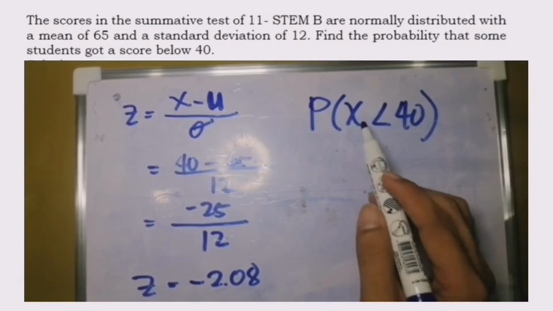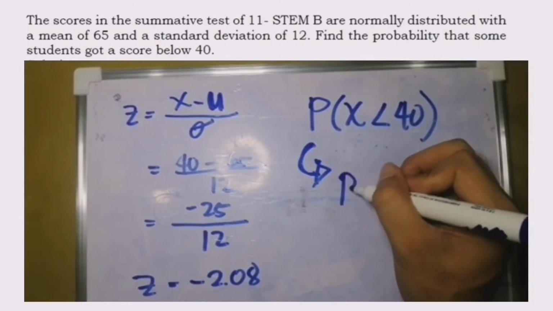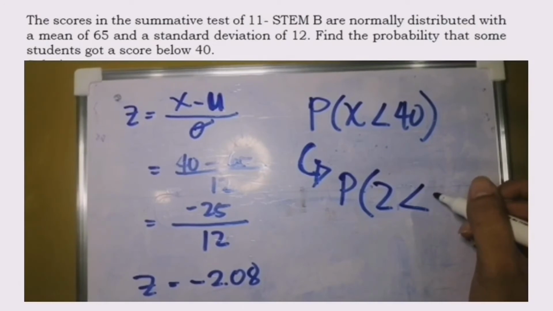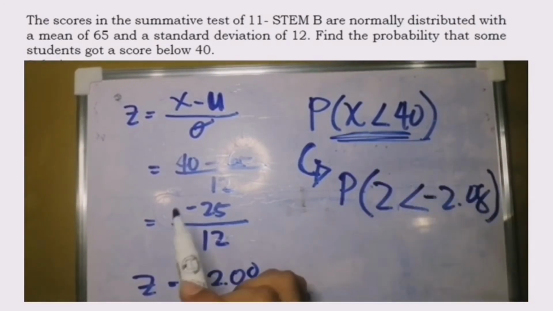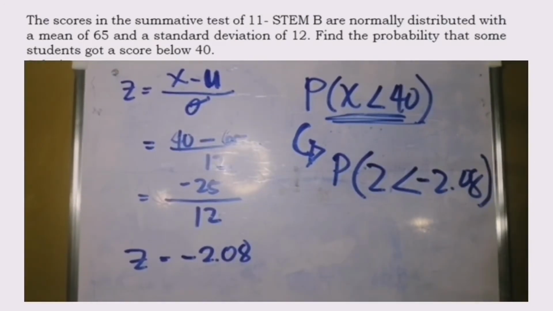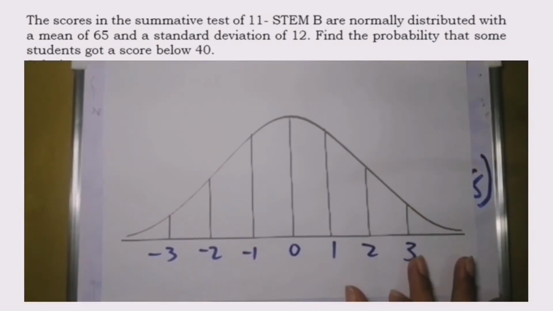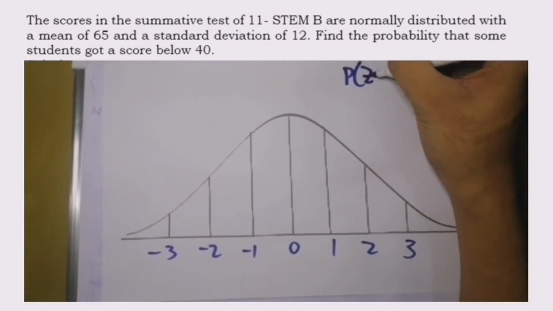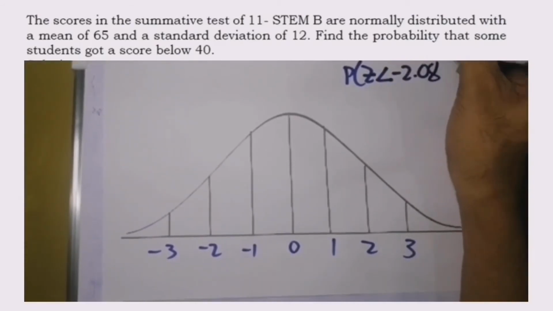So we now have the probability that z is less than negative 2.08. Now we shade the curve. Where is P of z less than negative 2.08?